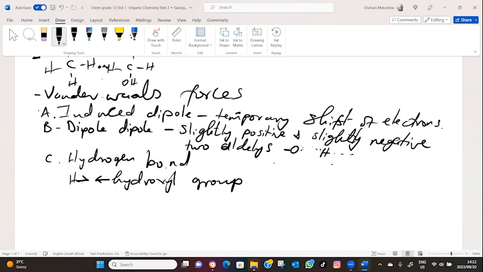So that's the attraction between the hydrogen and the hydroxyl group, which is your OH.